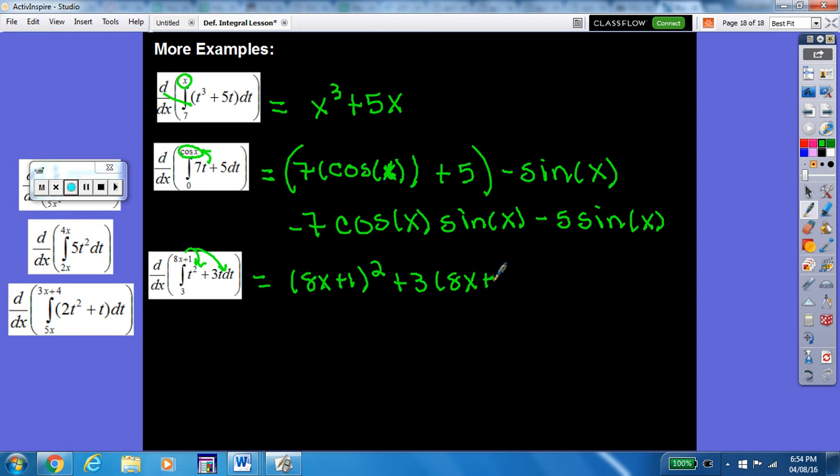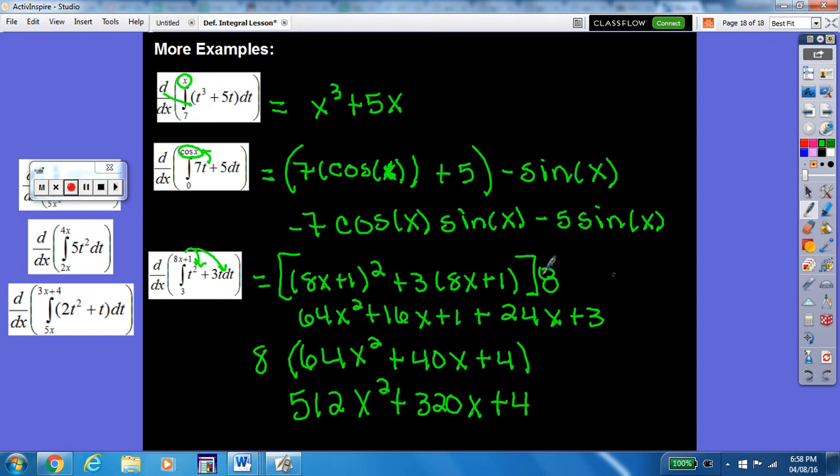That is the second term, sorry about that. Okay, and it's still a constant on the bottom, so I don't have to worry about it. What I do need to remember is that this whole thing gets multiplied by the derivative of that boundary, which is just 8. And I'm going to go ahead and kind of push pause, distribute, and do all the simplifying, and then I will distribute the 8, and you're welcome to do the same.